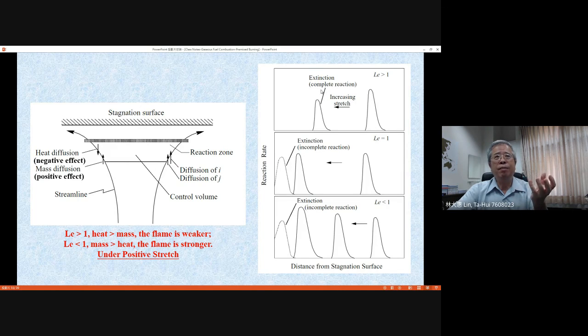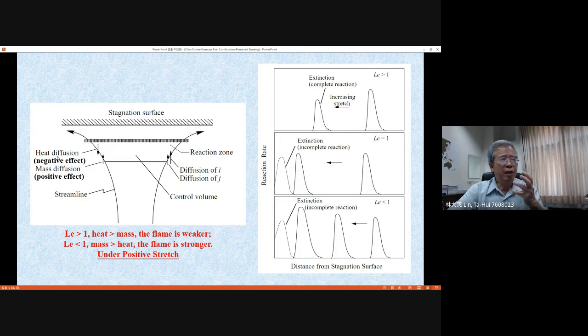You have a complete reaction, so why does the flame still go extinct? Actually, this is extinction by flame stretch coupled with Lewis number. Because of the negative effect, not heat loss, the heat diffusion.